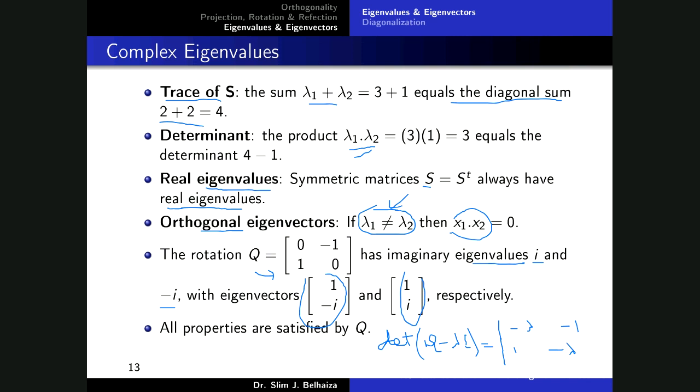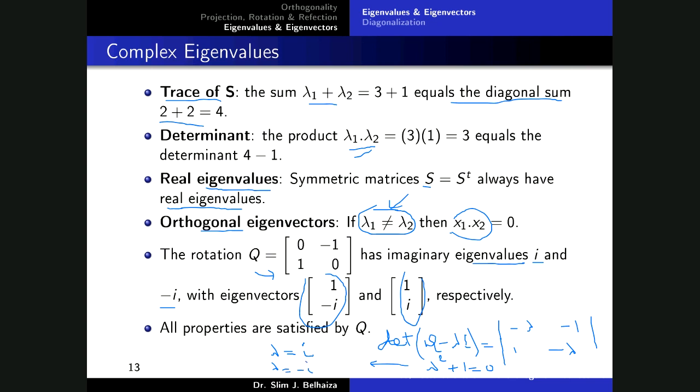Basically, you're solving the equation lambda squared plus 1 equals 0. One can ask why plus 1? Because when you compute the determinant here, you have minus minus 1. So for sure, you have two roots here: either lambda equals i or lambda equals minus i. You can proceed as we did with the previous matrix to find the eigenvectors.